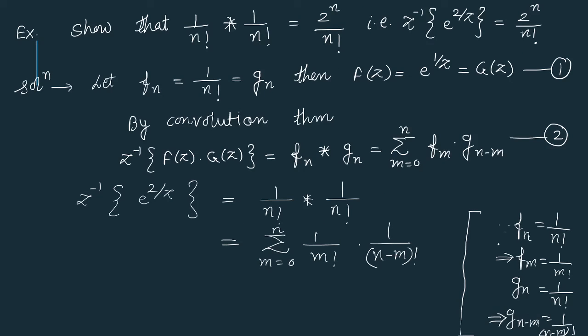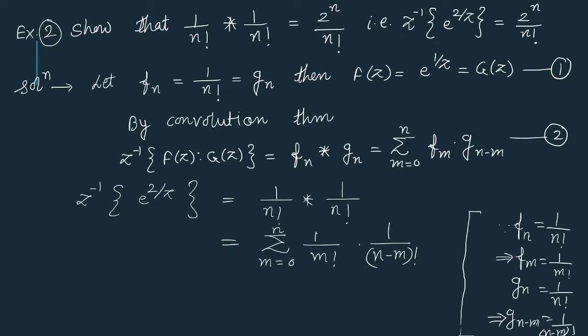Now, next problem, example number 2. Show that 1 upon n factorial, convolution operation, 1 upon n factorial, its value equal to 2 to the power n upon n factorial, or this z inverse of e to the power 2 by z, its value equal to 2 to the power n upon n factorial.